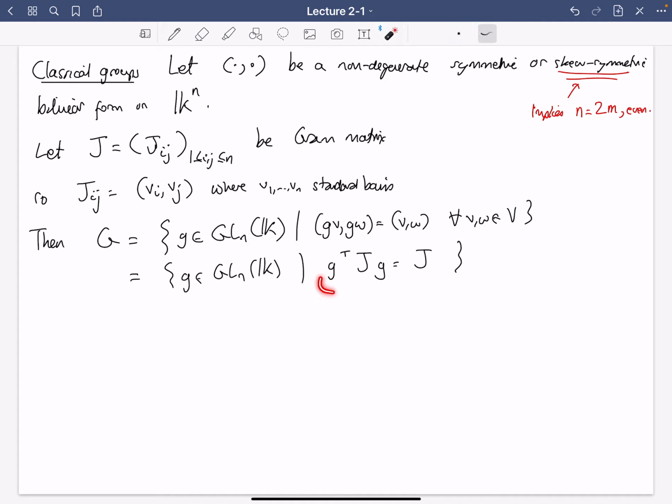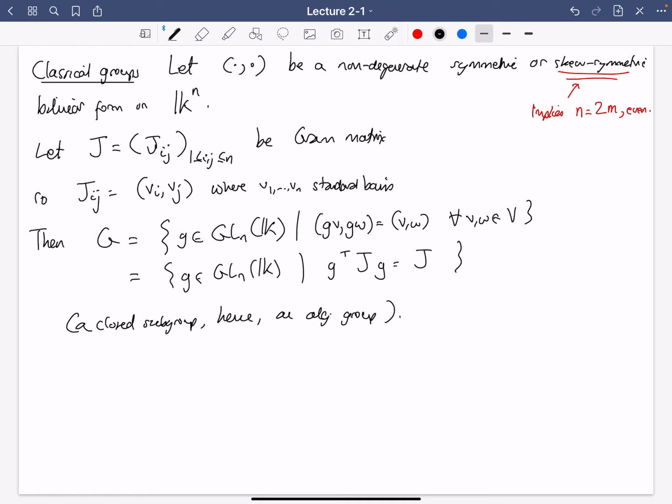And so here it is. In fact, this is a single matrix equation. The entries of that matrix equation give you n squared equations, and it's easy to see that each of those equations is just a quadratic equation in the entries of the matrix G. So it's a polynomial equation, and so it's cutting out this as a closed subgroup, hence an algebraic group in its own right.